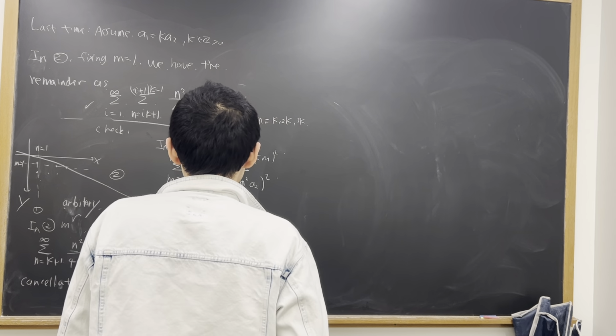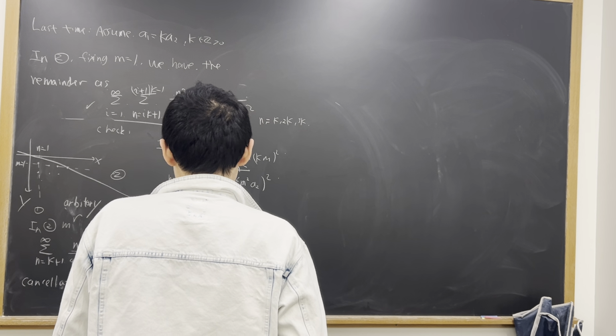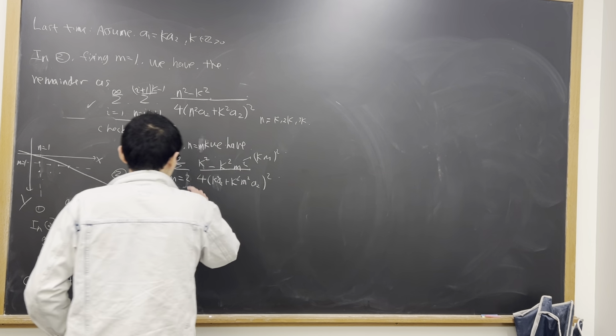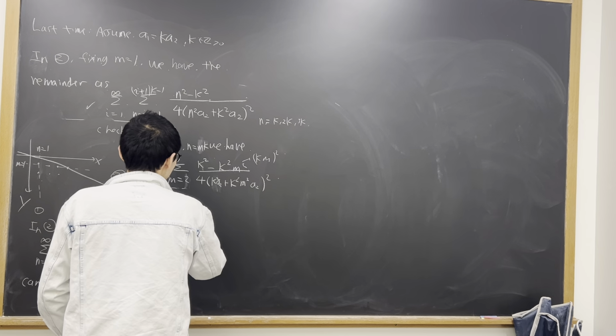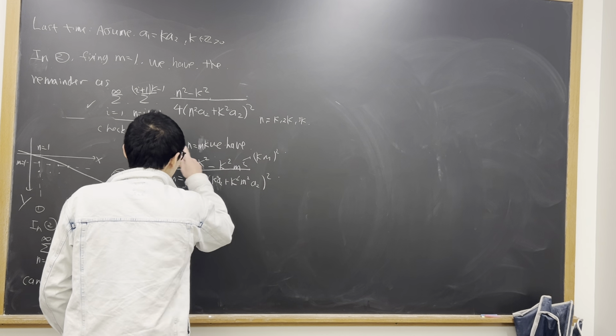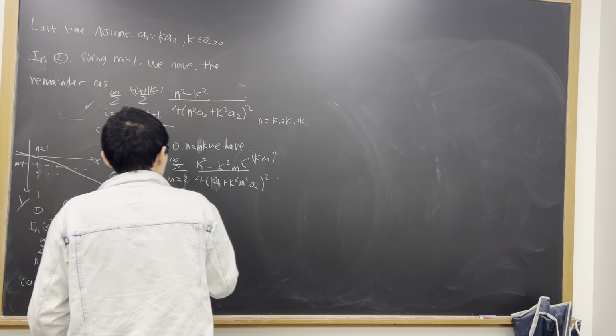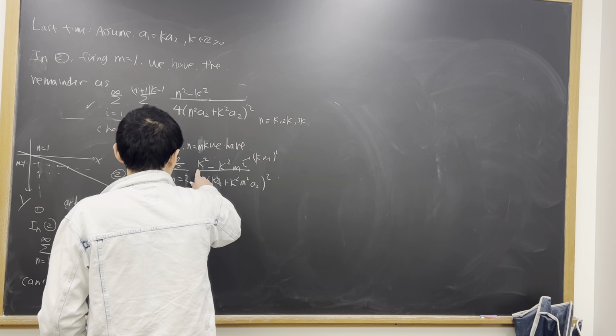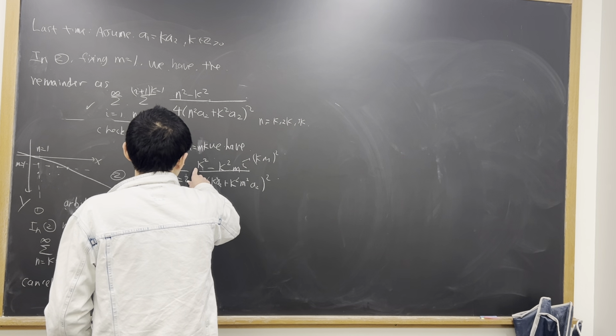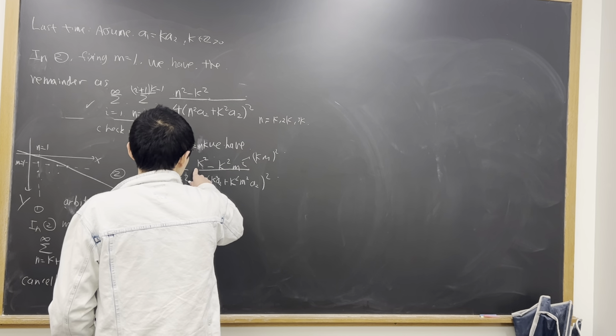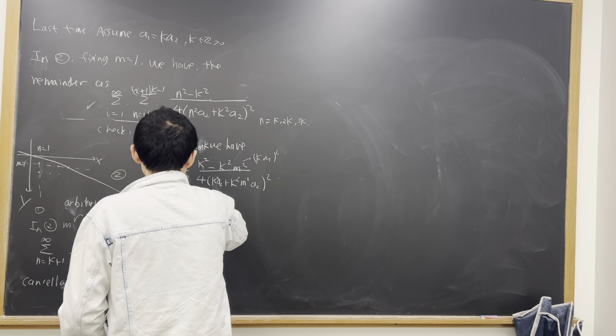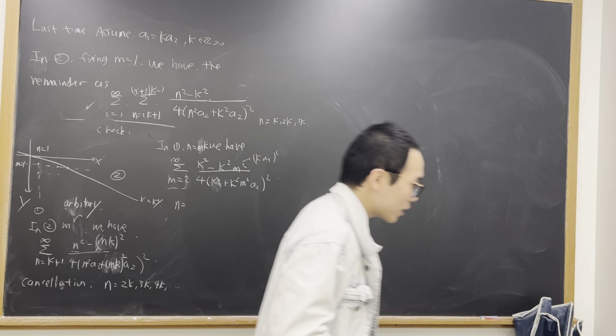And also, when n equal to mk, so this one is for the m, right? So the m starts where?